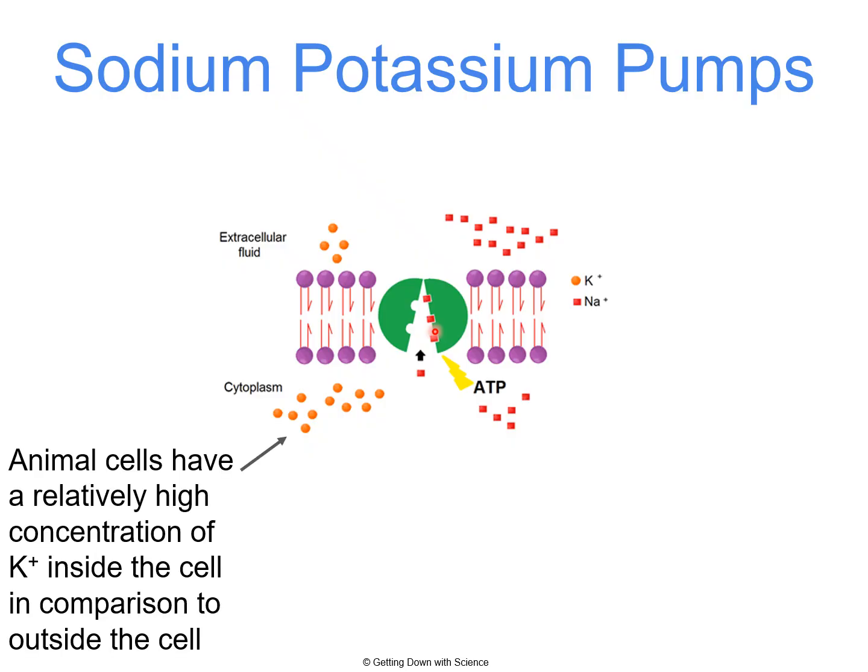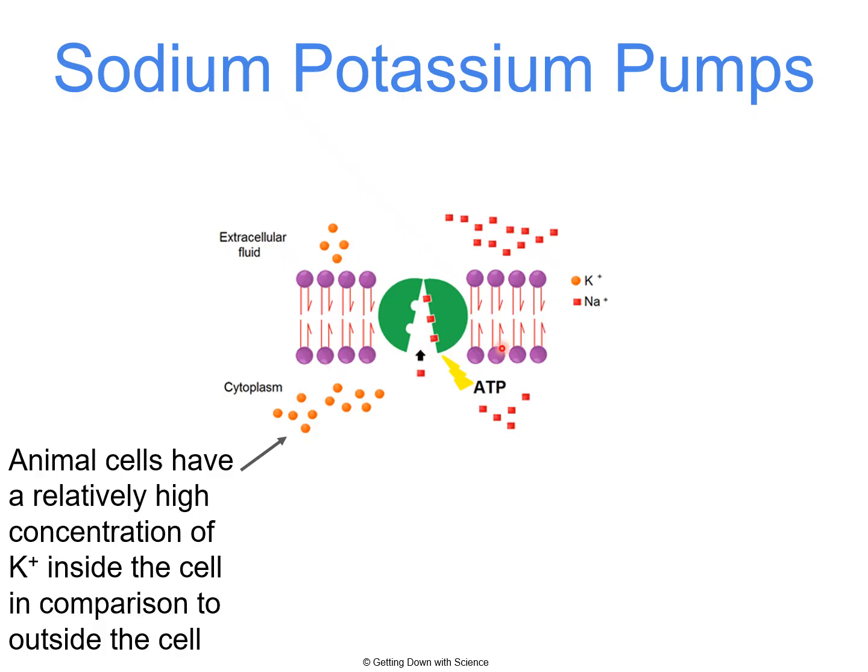And here sodium is represented in red, and we have our potassium represented with the orange circles. So animal cells have a relatively high concentration of potassium ions inside the cell compared to the outside of the cell. So here we have a high concentration of the potassium ions inside, and then outside in the extracellular fluid, we have a low concentration.